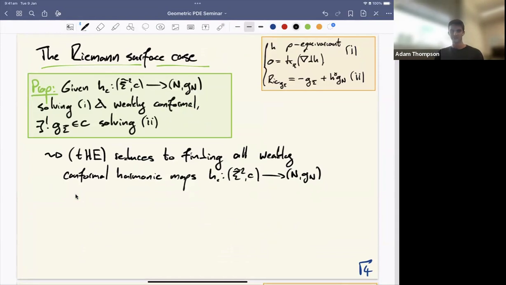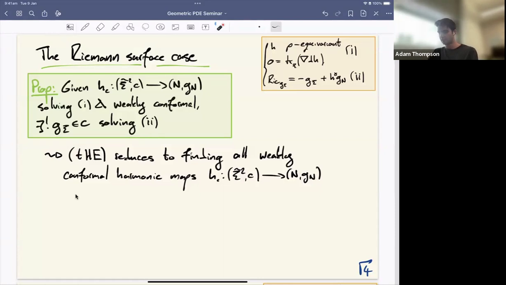Should send me back to first year logic. So that is, if I'm given this harmonic map coming out of my Riemann surface, and it solves, and it's weakly conformal, in addition to being harmonic, then there's a unique metric within this conformal class solving the Einstein-like equation on the base.